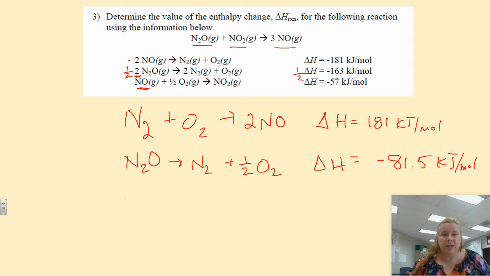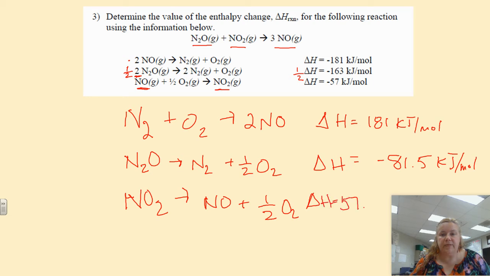Okay, the last one, there's our other NO, and there's also our NO2. In order to get our NO2 on the other side of the equation, we're going to have to flip it. So we're going to have NO2 going to nitrous oxide plus 1/2 oxygen. Since we had to flip it, we make our delta H positive 57 kilojoules per mole.